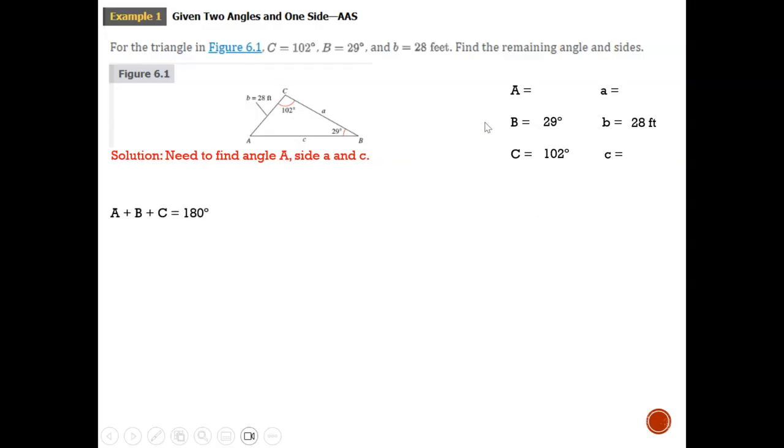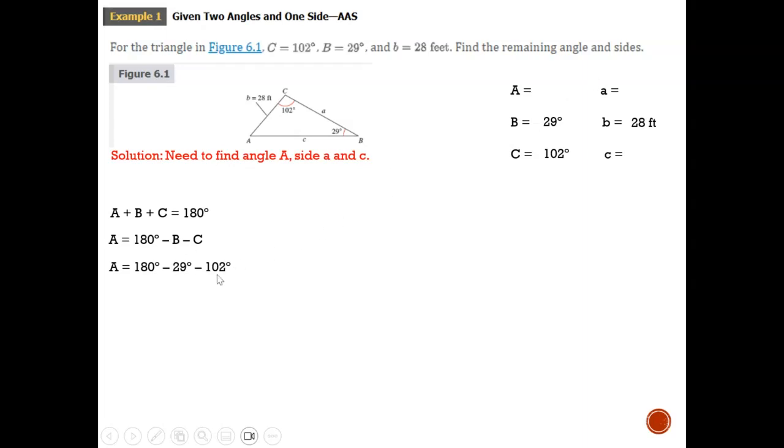So we can start finding angle A, because they give us 2 angles, and the sum of the angles of a triangle is 180 degrees. So to solve for A, we subtract B and C from both sides. So A equals 180 minus B minus C. Now let's plug in the values for the angles.